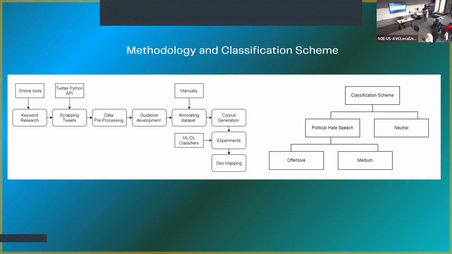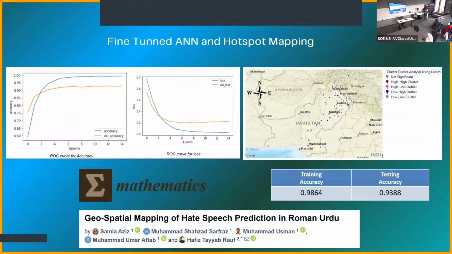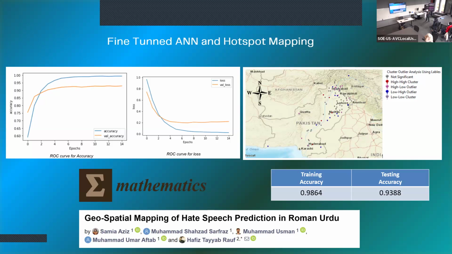We again populated this data set, labeled as offensive or medium, and we tried to identify hate speech or offensive comments made by users and regenerate the tweets on the maps.